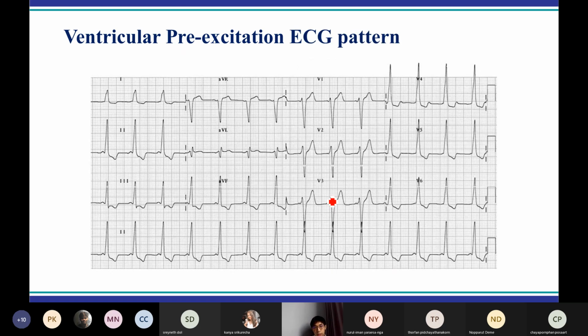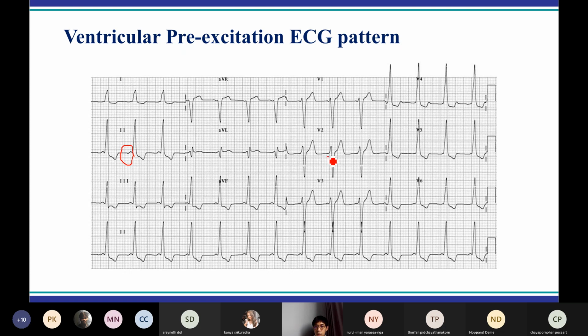So this is the ECG which has some pre-excitation. You could see from lead 2 here, the patient has a very short PR interval, and the delta wave is the slur of the QRS complex, the slur of the R wave. The lead where you could see it quite clearly is V2.